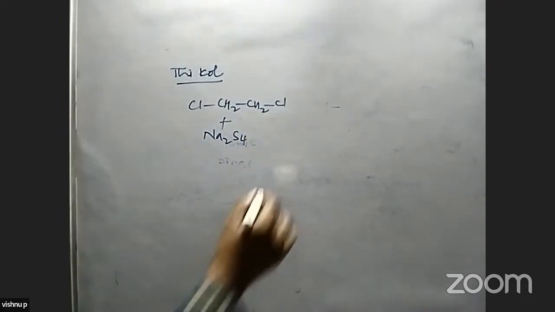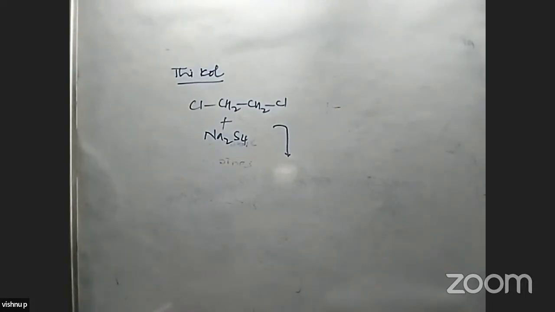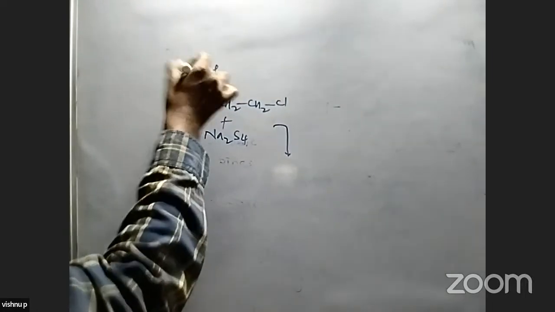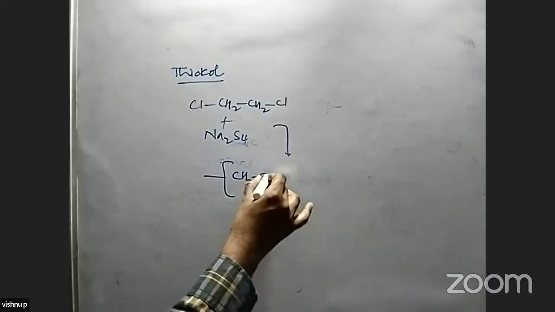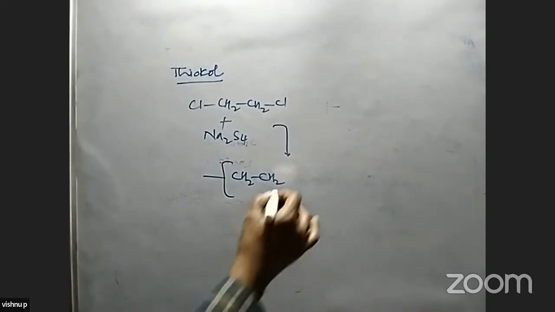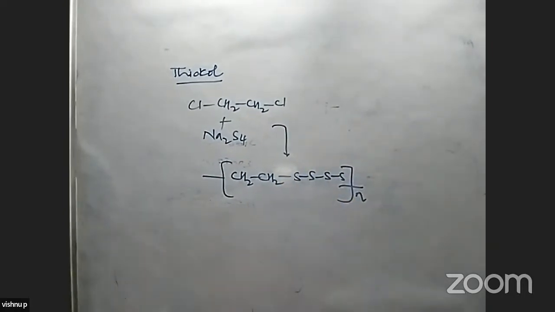These monomer units are present, and so we get this thiol, or in some books it is indicated as thiokol also. So what is the polymer formed in this reaction? CH2, CH2, and here sulfur, many sulfurs can form polymer units.